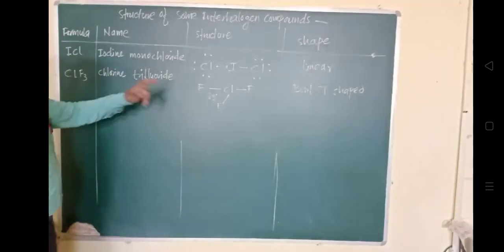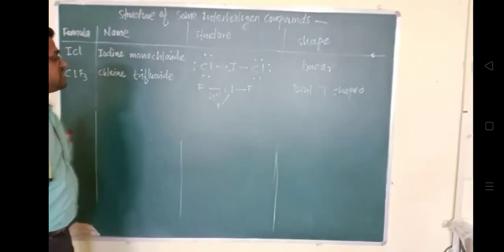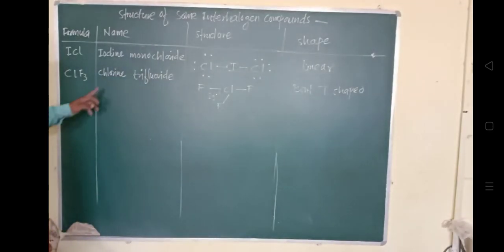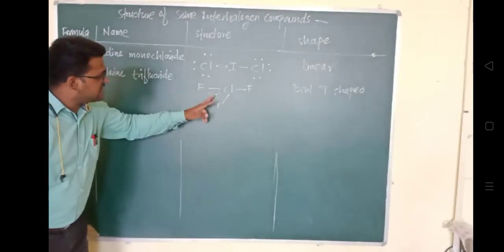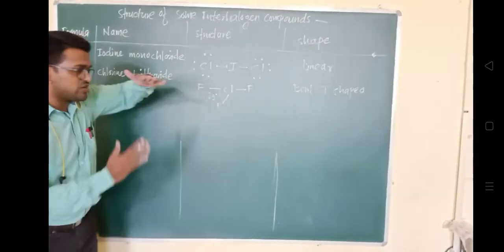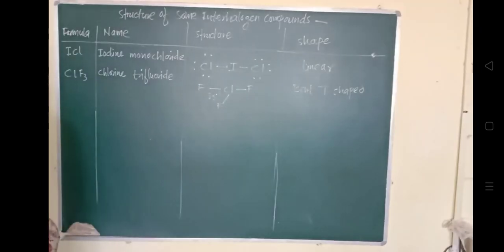The next is BrF3, bromine trifluoride. Here bromine is more electropositive, and that's why the name is given based on bromine: bromine trifluoride. Its structure is like this.